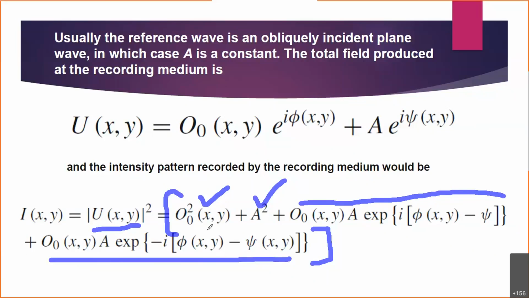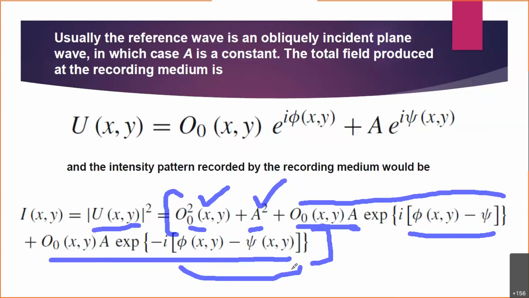Now look carefully. This is the amplitude square. This is also the amplitude square. But in the third and fourth terms, you see carefully, we have the amplitude terms, and we have this phase component also here.